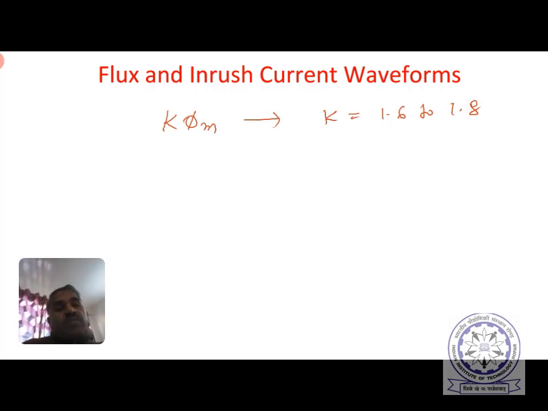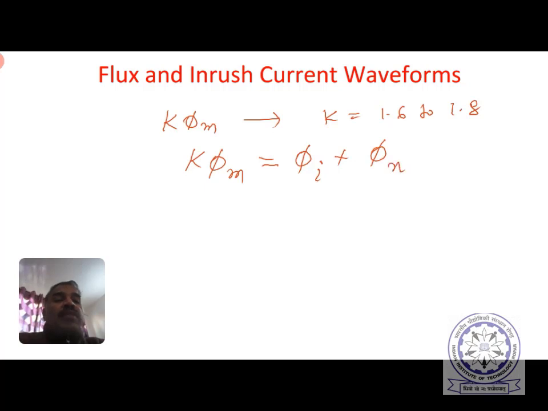Therefore, since the voltage is there, voltage has to be matched by the flux. So the flux must be met by the non-magnetic path. Let us call that phi n. So the k phi m consists of two factors: one is flux flowing through the iron, plus flux flowing through the non-magnetic part.